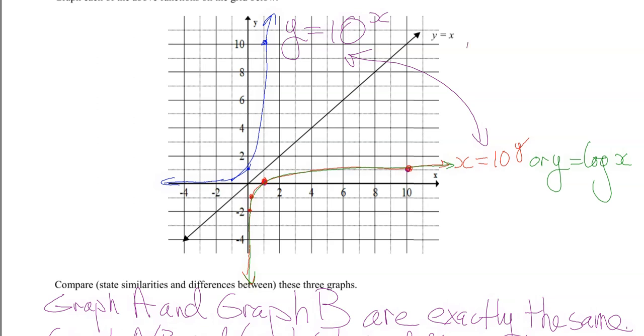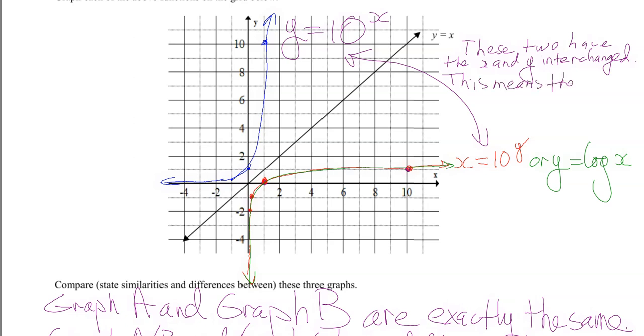So these two have the x and y interchange. Okay, this makes them inverse, and you are not responsible for knowing their inverse functions, but this means they are inverse functions.